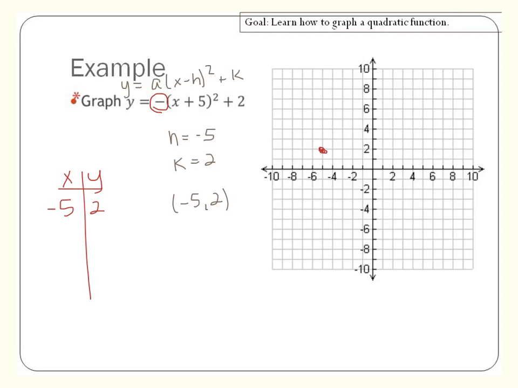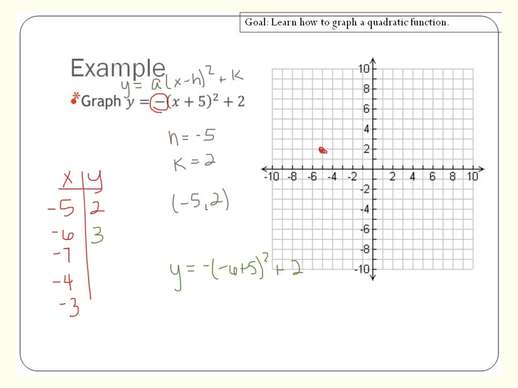I want 2 points on either side, so I'm going to do negative 6 and negative 7, and negative 4 and negative 3. And I'm plugging them in. Let's see here. y equals negative times negative 6 plus 5 squared plus 2. That is negative 1 squared is a positive 1 plus 2 is 3.